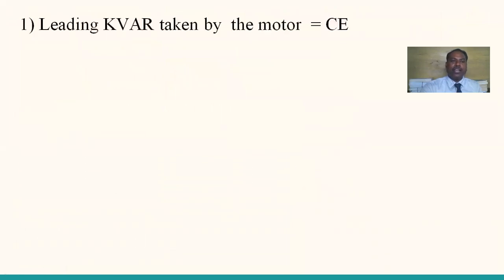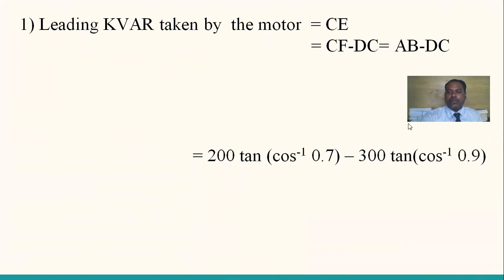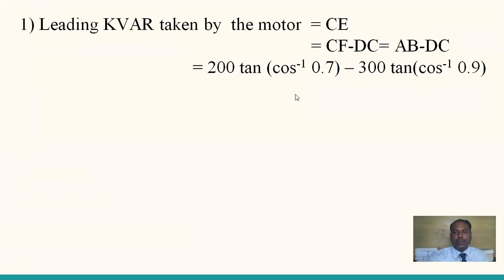So the first one, leading kVAR taken by the motor, which is CE. CE can also be written as CF minus DC. This is also written as AB minus DC. So AB is equal to how much? AB is P tan phi. P is the existing load, 200 into tan phi, where phi is cos inverse of 0.7.